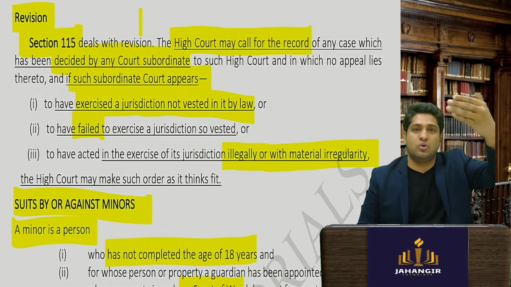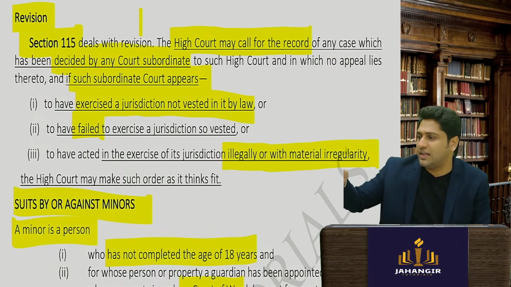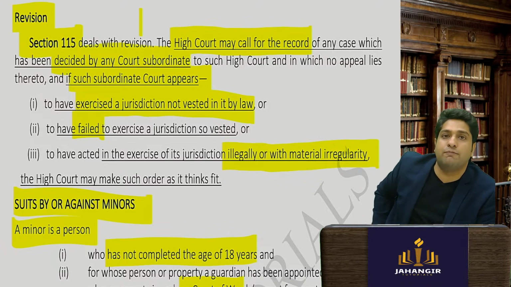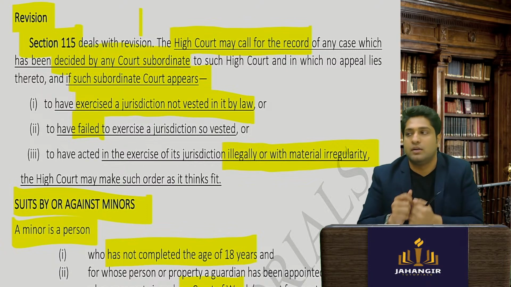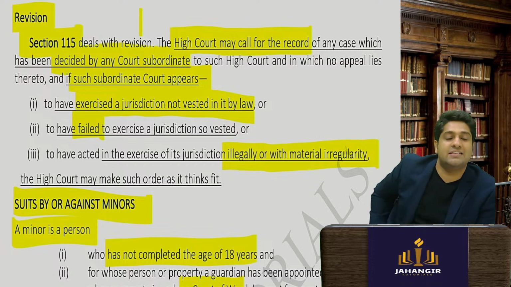Then the higher court will call for the records of the lower court. The High Court will tell the lower court, come here. What stupid judgment you have passed? The lower court will say, I'm sorry. I said, you did not have jurisdiction. You have exceeded your jurisdiction. So then that is a case of revision.